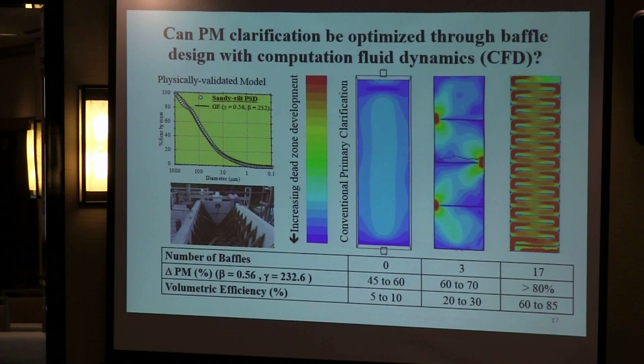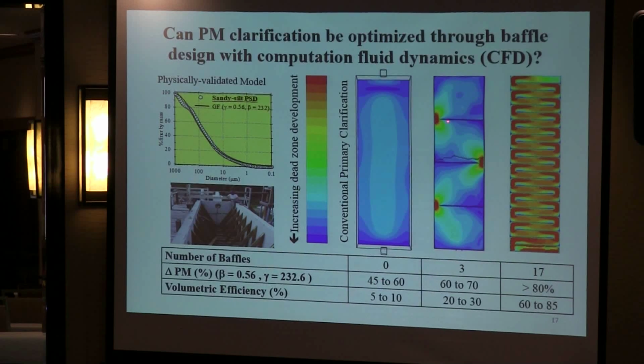Here I'm showing an example of a primary clarifier. In cities like San Francisco, land is at a premium. So you ask the question, how can I take an existing footprint device, retrofit it, and improve the performance? We typically do this with computational fluid dynamics. Here I'm showing an example of a primary clarifier where the performance is roughly around a 50% removal.